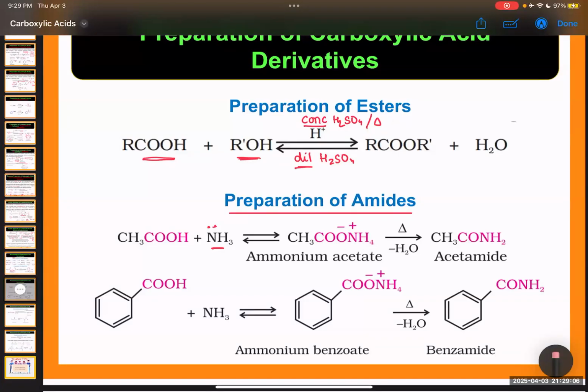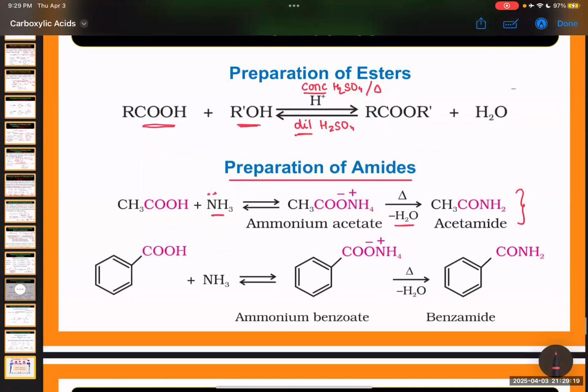If you heat it, then only you get an amide by the removal of water. Clear? So NH3, without heating, just makes the ammonium salt. With heating, you get CONH2. So I hope this is clear to you.